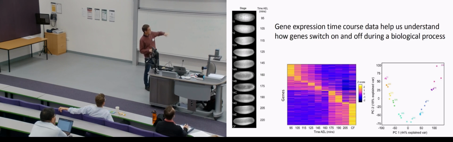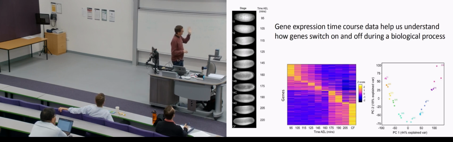So we've got genes going down the y-axis and time along the x-axis here. So lots and lots of genes, and some of them are switching on and then going off, and some of them are starting off low and then going up. And that's what we call gene expression time course data. So it's a very common way of analyzing a biological system.